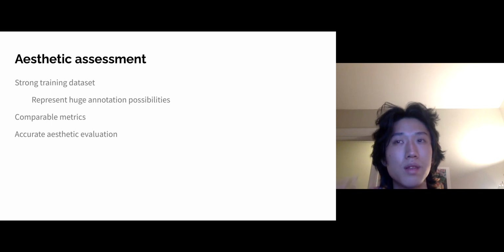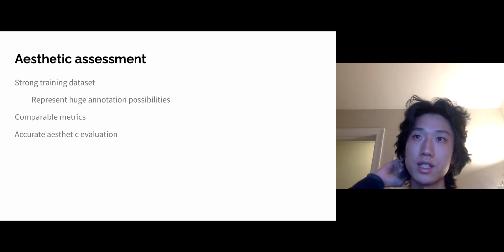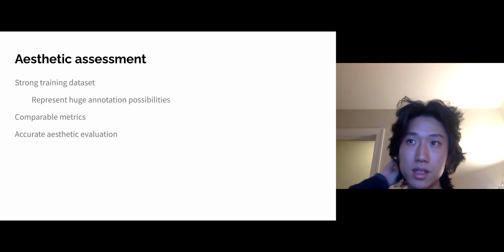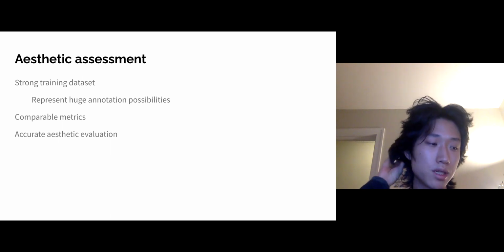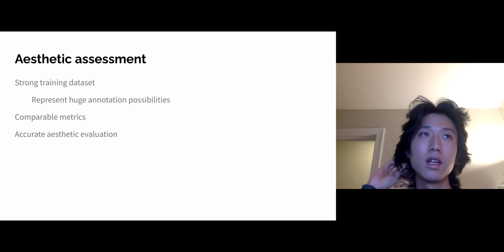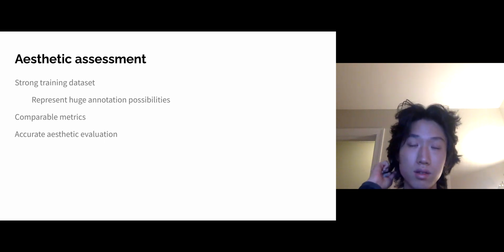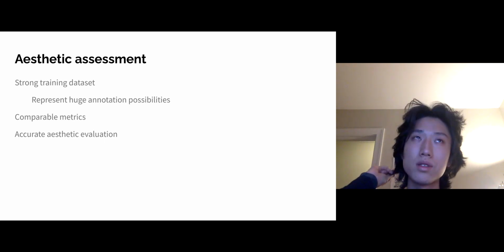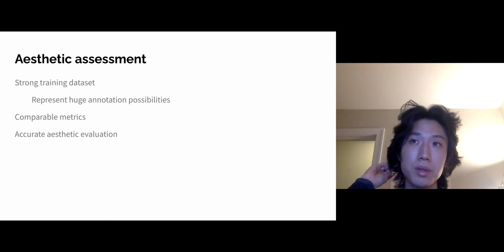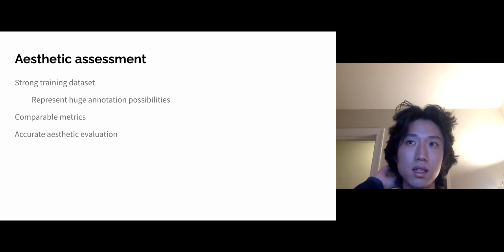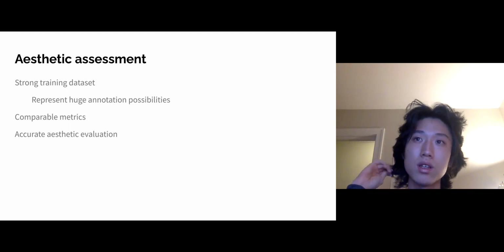So one method proposed was Pearson correlation coefficient and Spearman's rank order correlation coefficient, which focuses on ranking the crops in order, not necessarily giving them a score, but giving them order and evaluating models that predict consistency with ground truths.